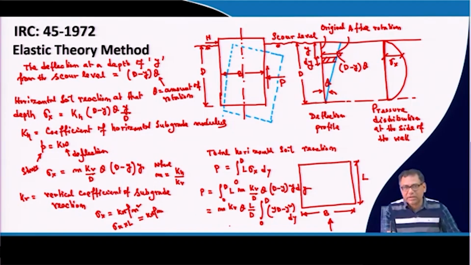I mean, that friction is between the soil and the wall, or the soil and the well. So, that we can write as mu dash into P. So, P force is acting, and there will be a friction between the soil and the wall of the well. So, that is mu dash into P.